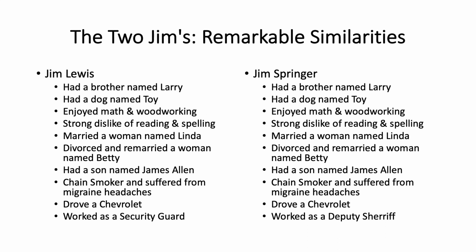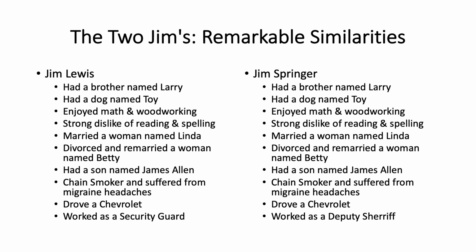As you can see here, when we compare the histories of the two Jims and their characteristics, they both had a brother named Larry, both had a dog named Toy, both enjoyed math and woodworking, both expressed a strong dislike of reading and spelling, both married women named Linda, in marriages that ended in divorce, both remarried women named Betty, both had sons that they named James Allen, both were chain smokers and suffered from migraine headaches.